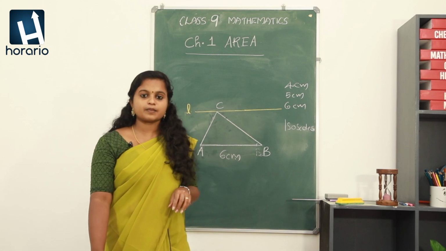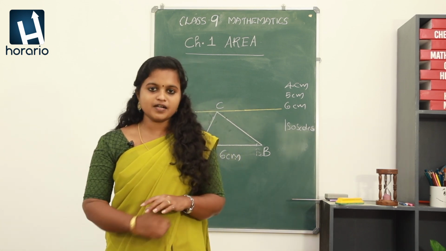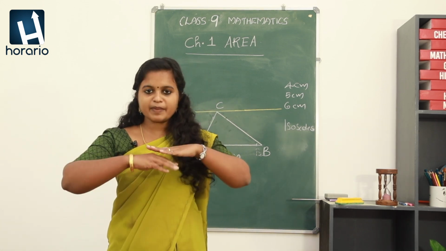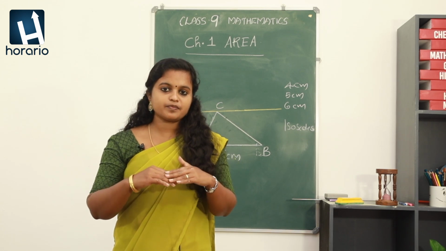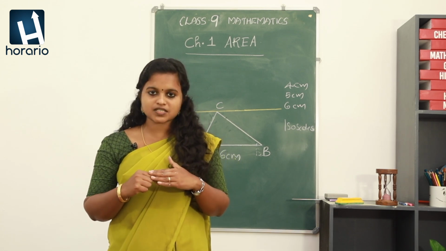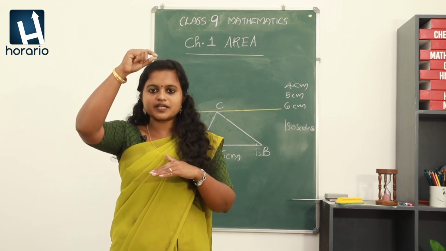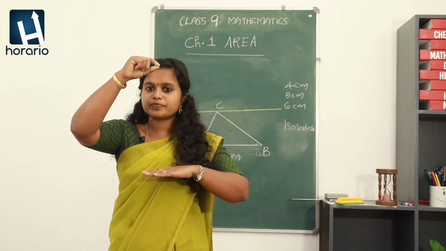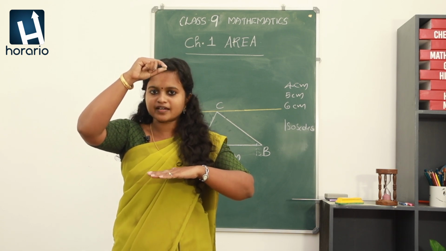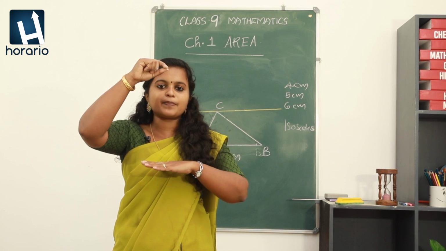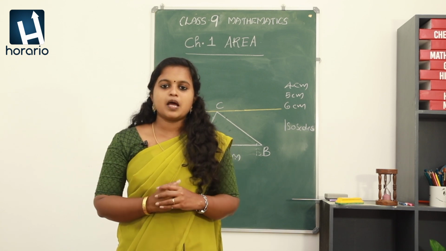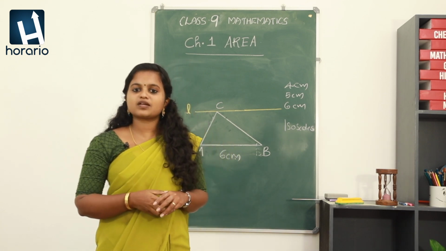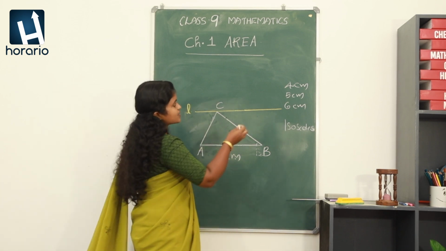Now, do you remember the properties of an isosceles triangle? If the base is fixed, we have studied that for an isosceles triangle, its third vertex will be lying on the, do you remember that? Yes, it will be lying on the perpendicular bisector of the base. What do you mean by perpendicular bisector? I will be roughly explaining that.